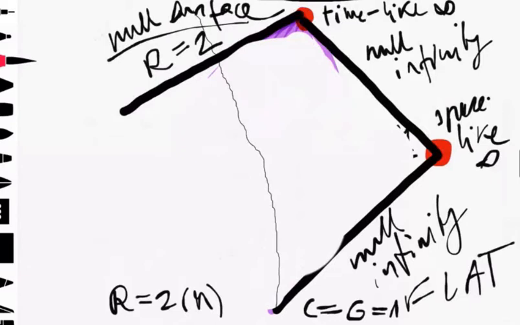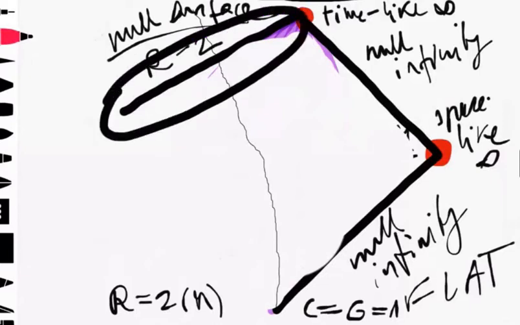Now, you can cross it, but you cannot stay there. Why can't you stay in that surface? Why can't you live here? Well, you cannot live here because you have a mass. And that's a null surface.